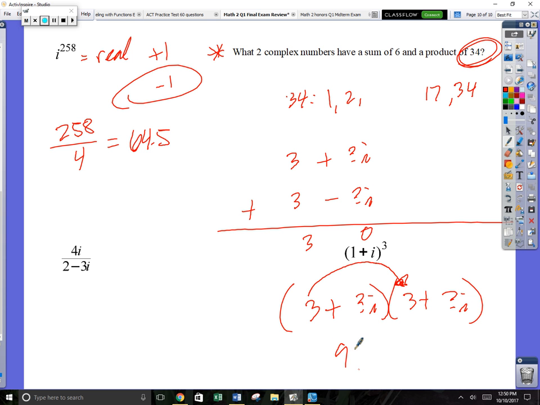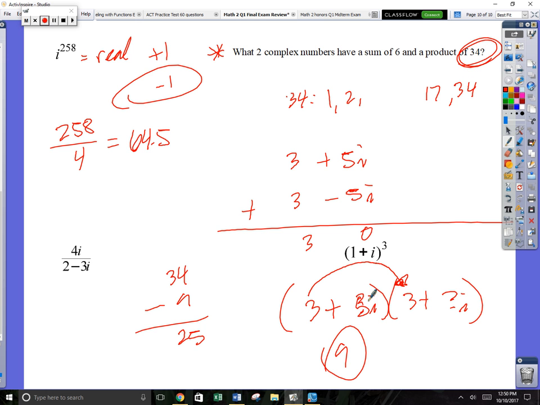Okay, now 9 is kind of a key number. I need to end up at 34. So if I take 34 and I minus the 9, these guys have got to multiply to give me 25. And so I have found it. If I've got to multiply to get 25, I know one of them is going to be 5i and one of them is going to be minus 5i.